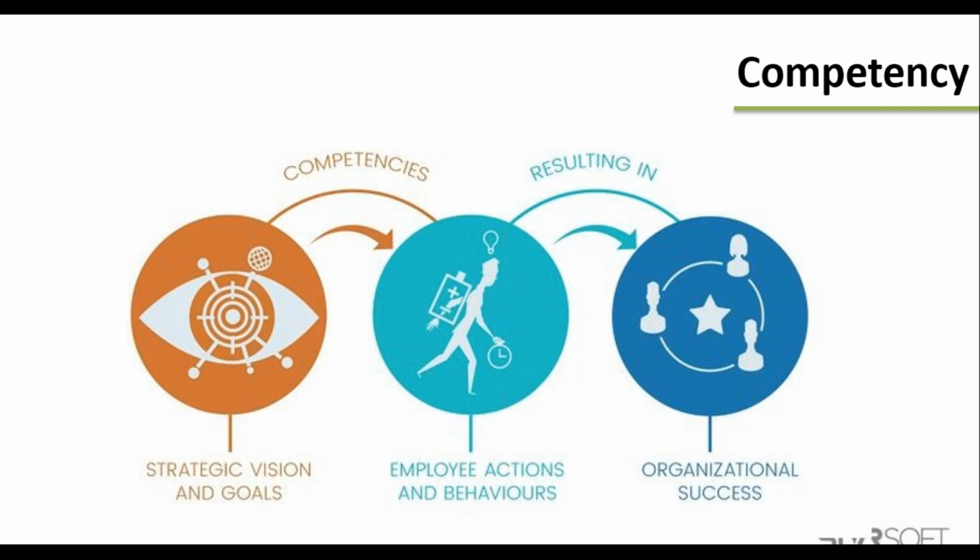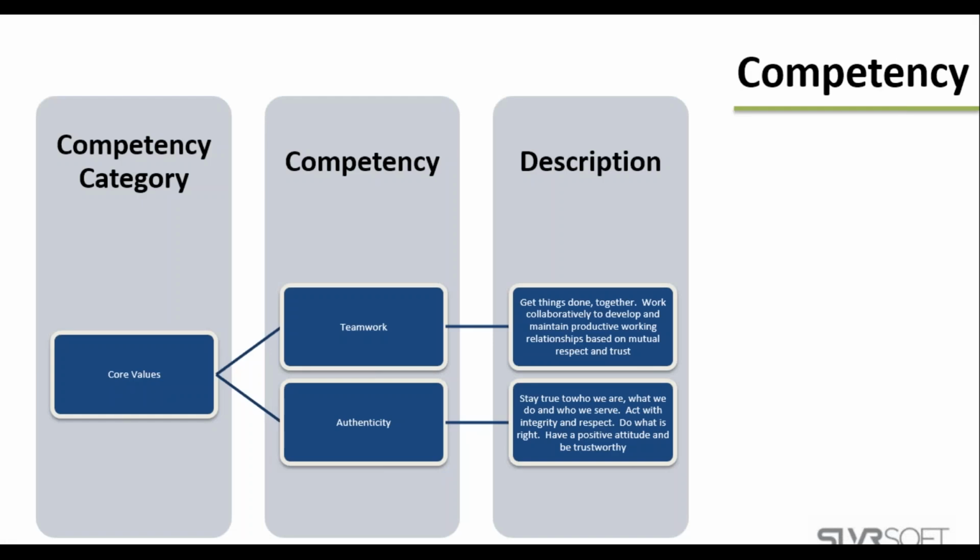Getting this right is crucial, and a competency framework for me should usually include things like your competency category. So in this case, we've got core values. You might have functional competencies. You might have operational competencies. And then within those competencies, what are the actual competencies?